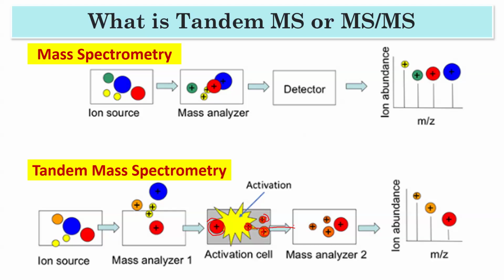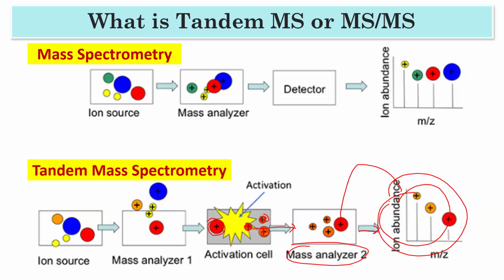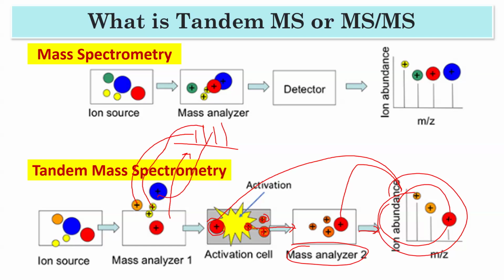Now you send them to the next mass analyzer, which will scan them again, and you get a mass spectrum for this one only. If you just used a detector, you may get peaks for this one, this one, this one, and this one.